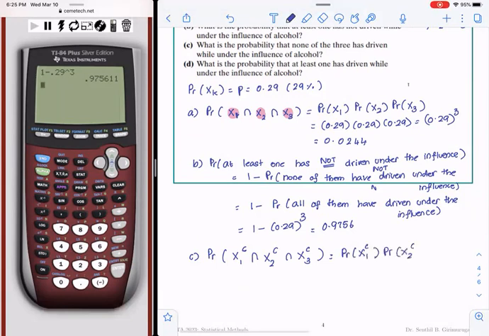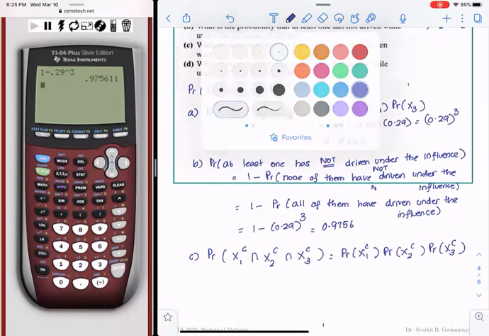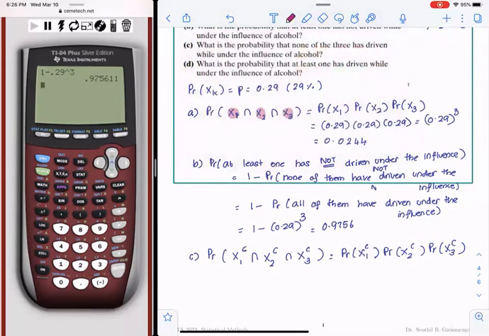So that part does not change, but what changes is the probability, because if the probability that they drove under the influence is 0.29, the probability that they did not drive while under the influence would be 1 minus the probability that they did. They are complements of each other. So I can write it as 1 minus 0.29, which would give us 0.71.